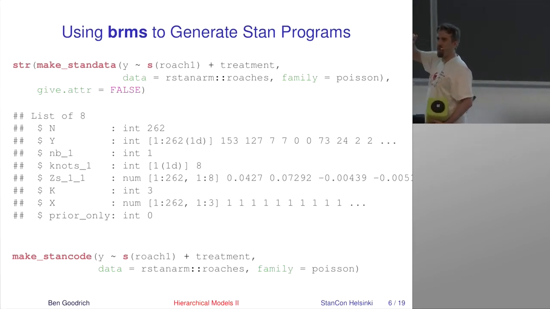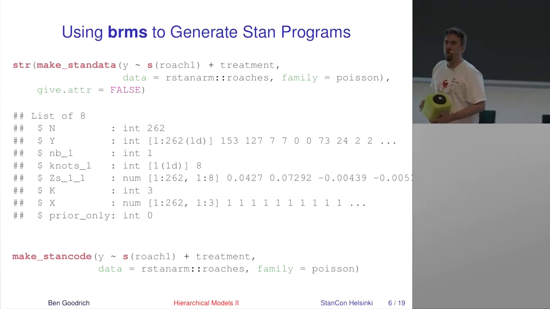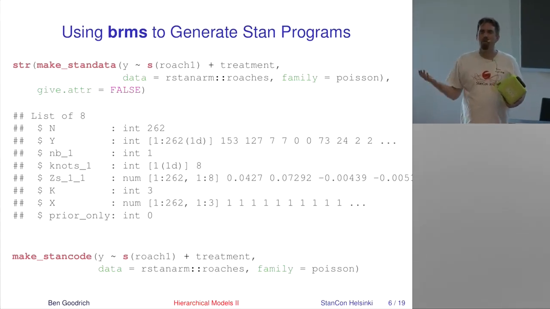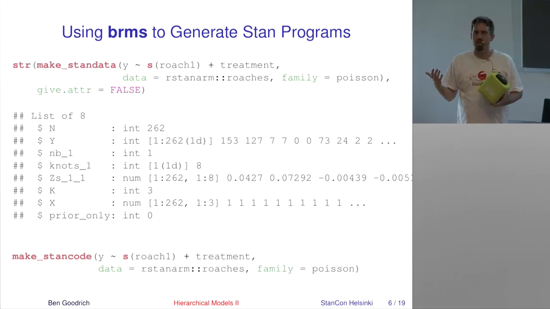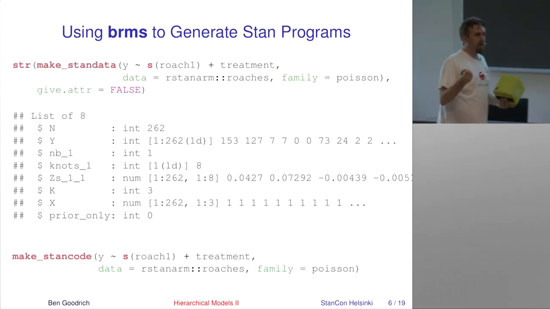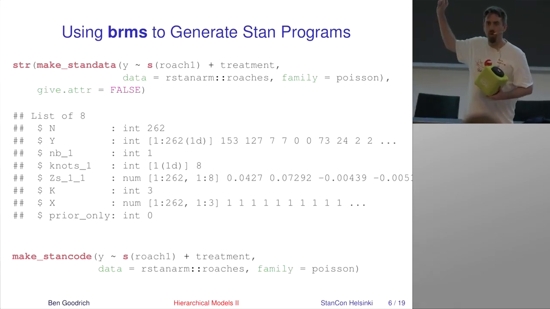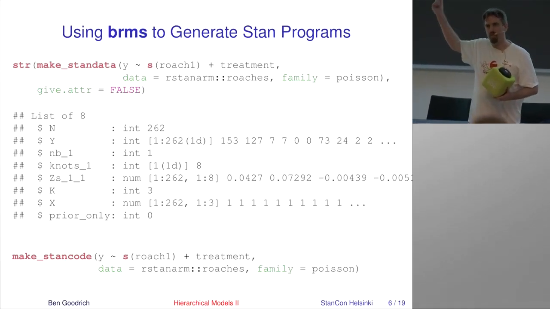The more important question, the first one, how do you tell BRMS that you want to center the predictors? And the answer is you don't get a choice. BRMS does that for you, or it does it internally.